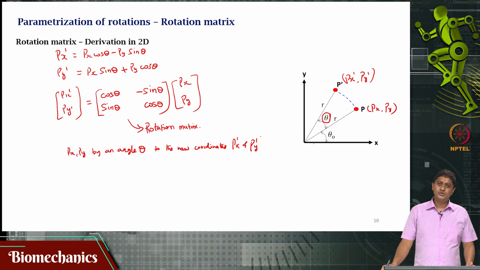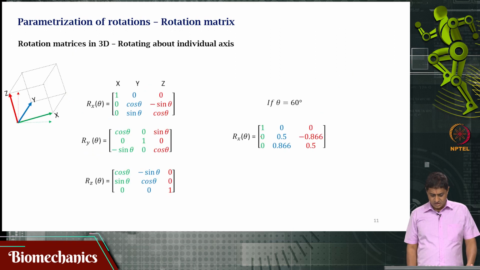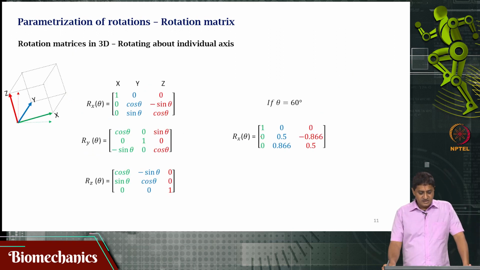Remember, this is in 2D. We can also have this in 3D. Would that be a trivial extension of the 2D? I will leave that as an exercise for you. Actually, in 3D, I can define these rotations as 3 rotations: Rx about the x axis, Ry about the y axis, and Rz, the rotation about the z axis, each having its own rotation.